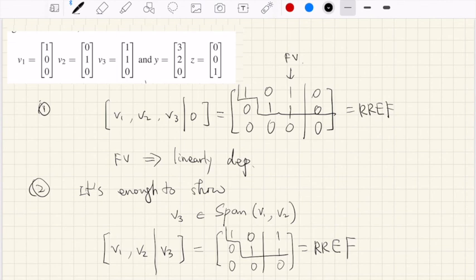So these two numbers give the weights of V1, V2. In other words, V3 can be reached by using one step of V1 and one step of V2. And because no free variable, this is a unique solution.